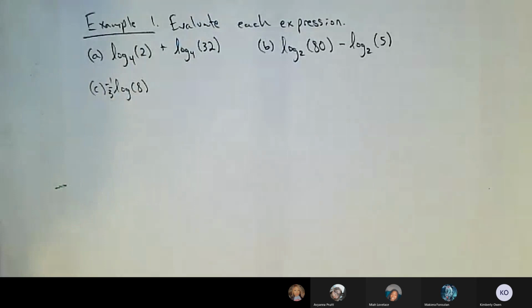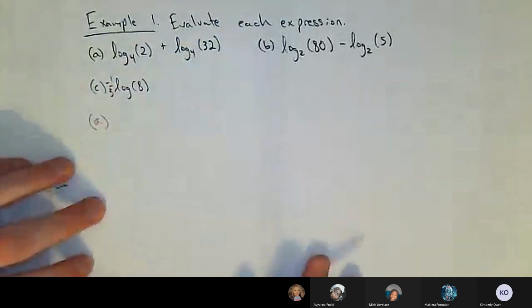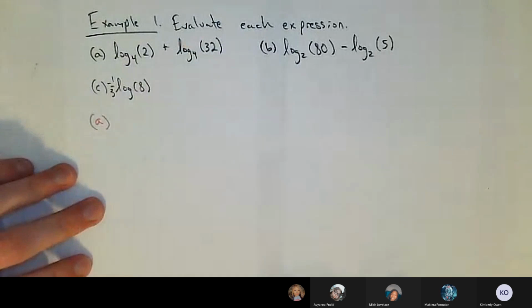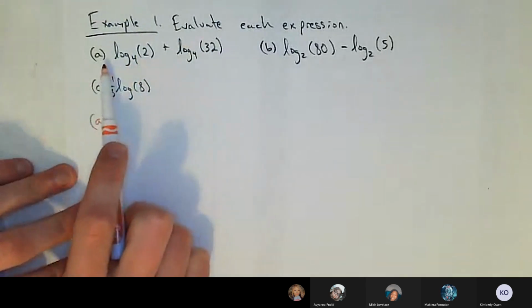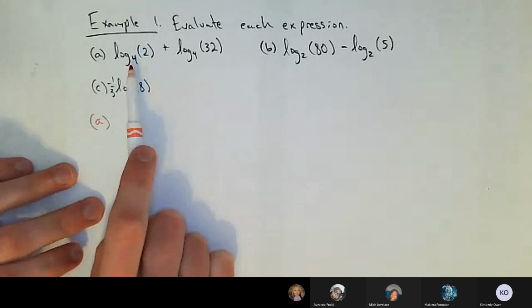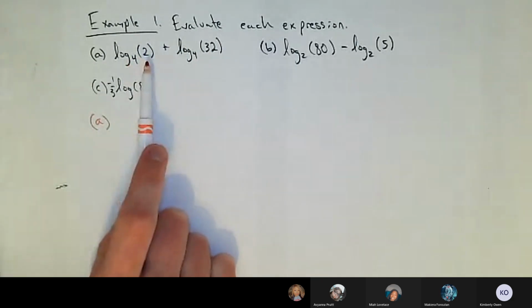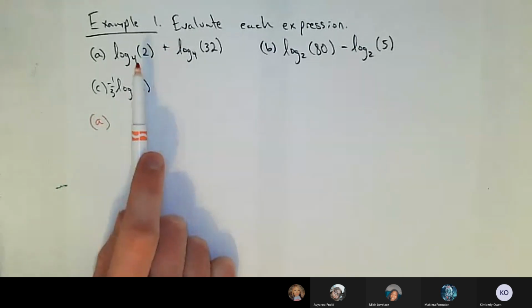Okay, now I'm going to start thinking about part A here. So if I try to evaluate each of these individually, and when I say individually, I mean this log and this log, then I need to ask the question, 4 raised to what power is equal to 2? And that, you know, we could get some kind of fractional answer for that, but maybe there's a better way.